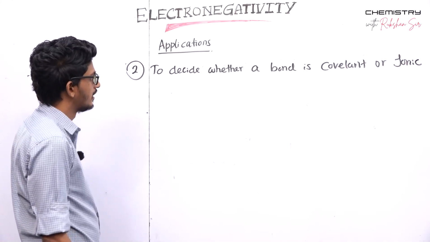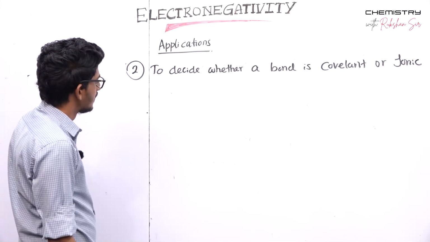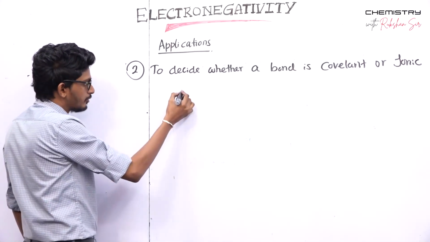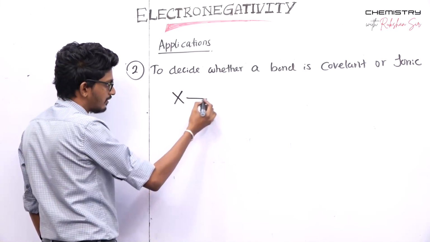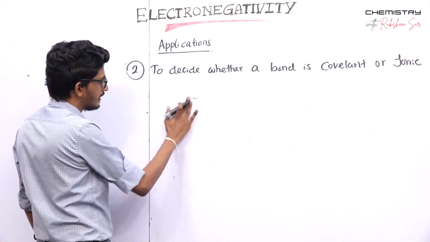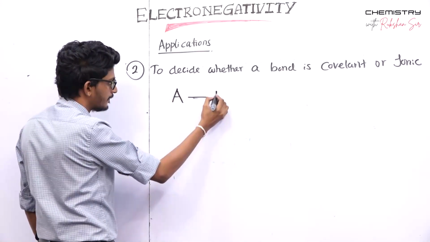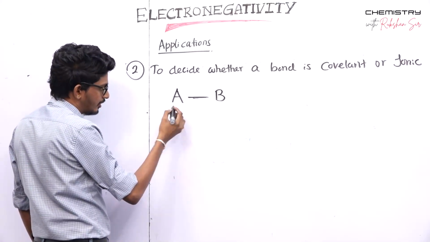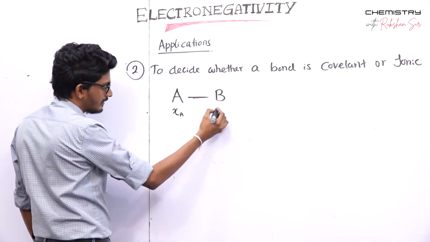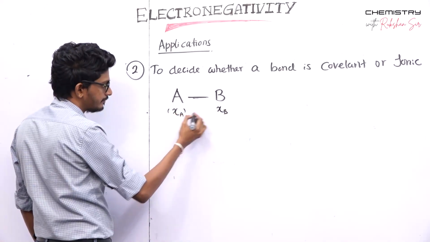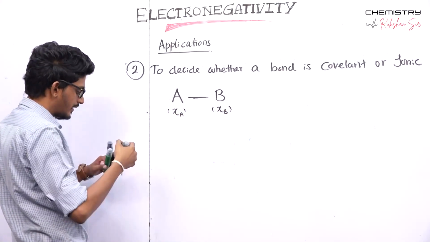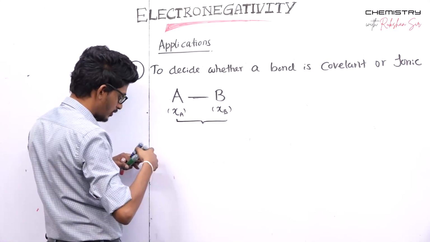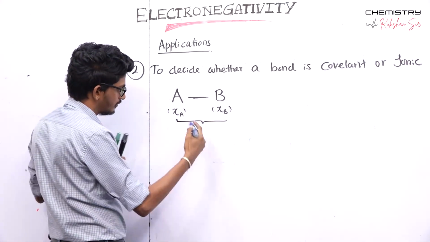See what we can use there. It is like this. Consider the electronegativity difference between two atoms, let's say A and B, with electronegativities XA and XB. The delta X value means the difference between those two.